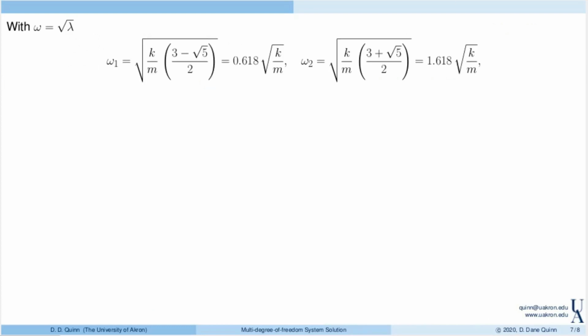So let's go back and look at the general solution. Here is omega. Omega was the square root of lambda, so we basically just take the square root of those eigenvalues. This was lambda 1, this was lambda 2. And so the general solution is a combination of these two solutions that we found.